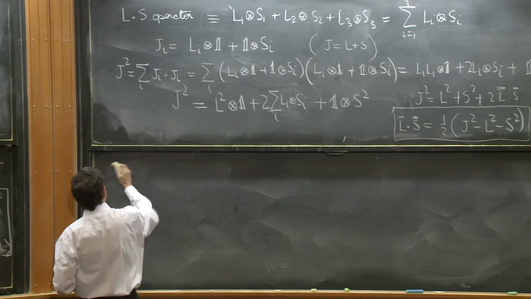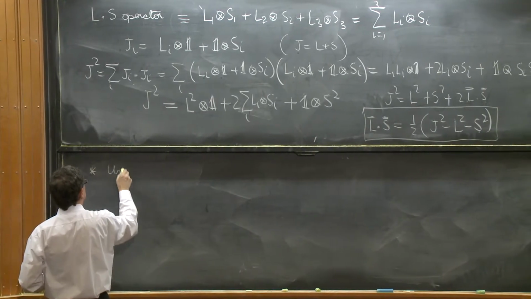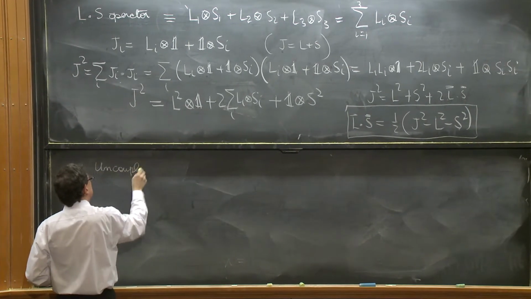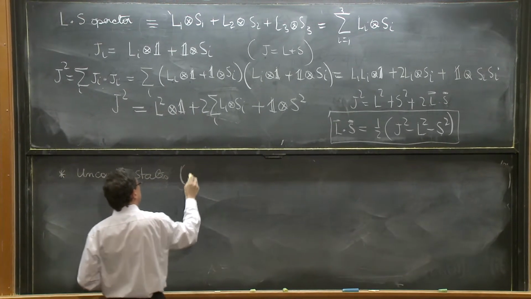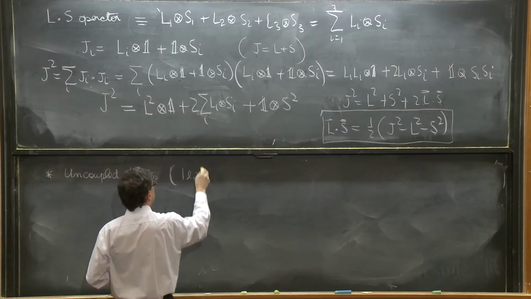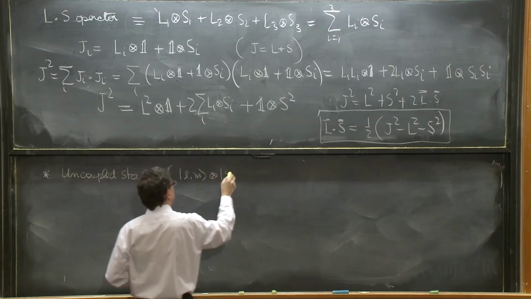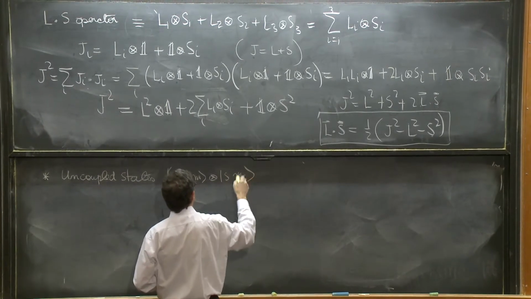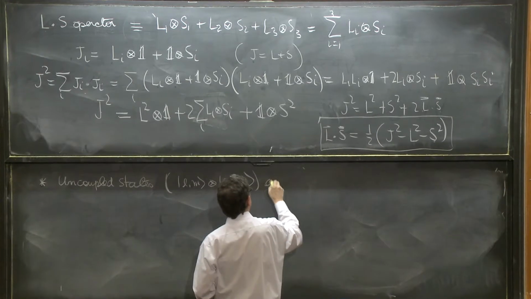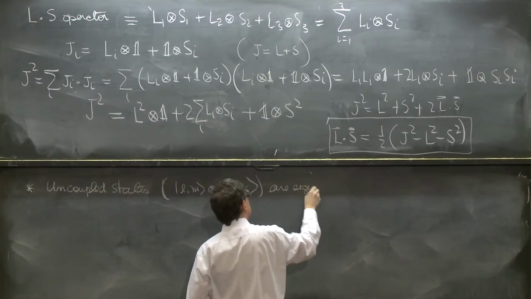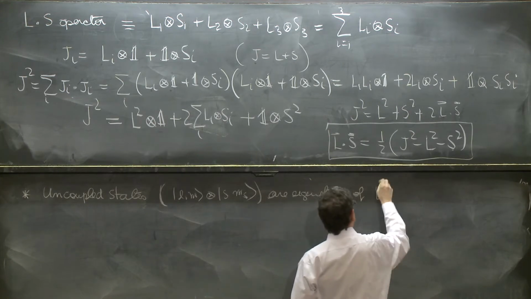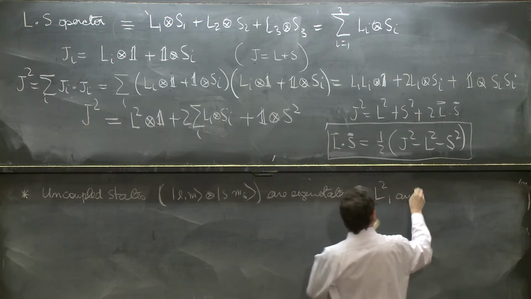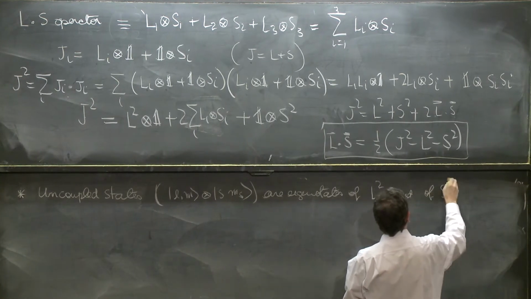So some remarks. The uncoupled states, these original |L, m_L; S, m_S> states, are eigenstates of L squared and of S squared.